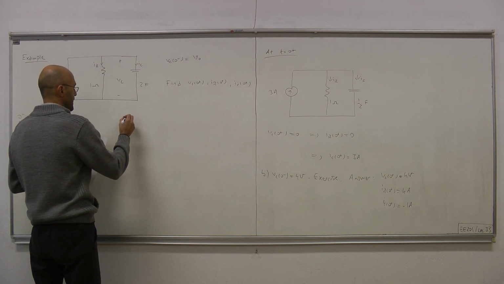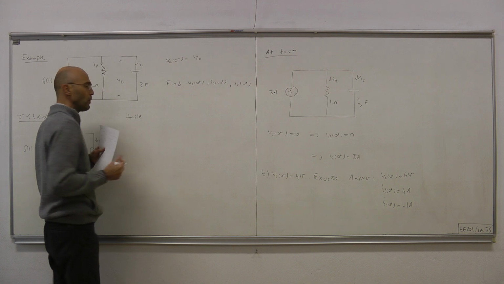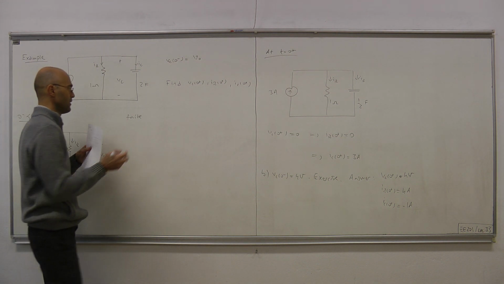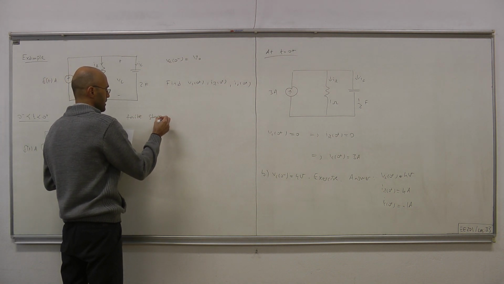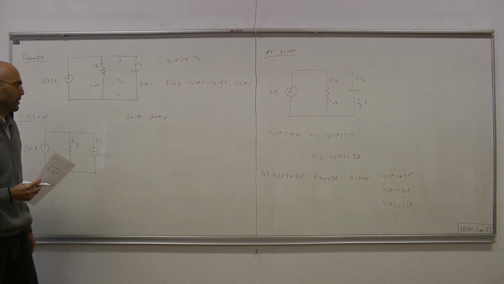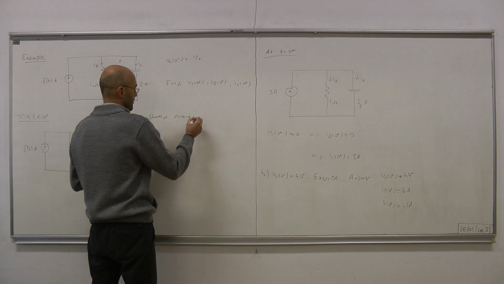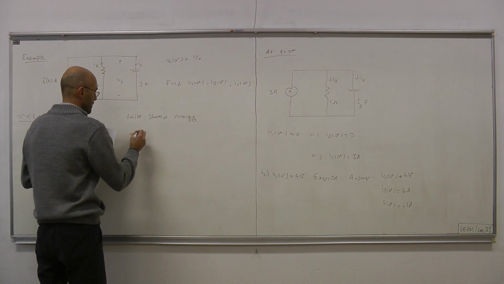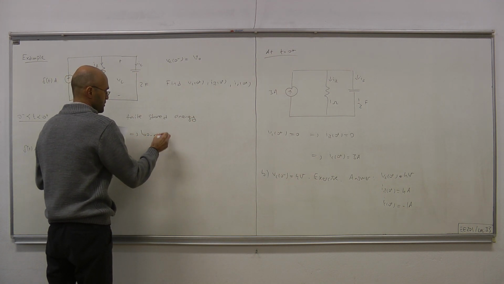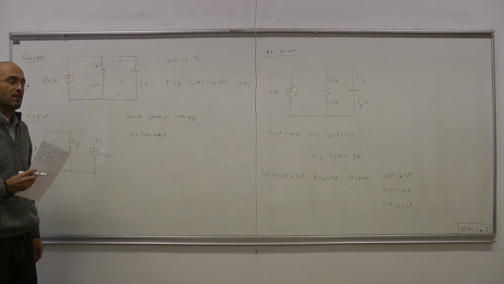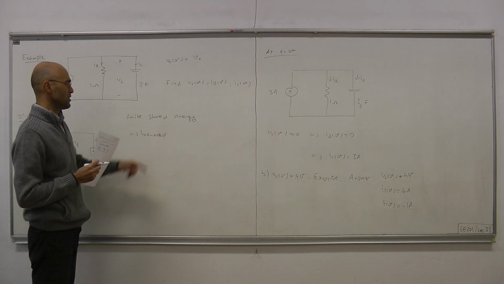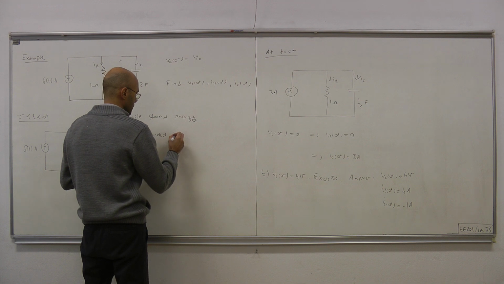Okay. Again, we recall our assumption, which says that stored energy in a capacitor or inductor is always finite. Finite stored energy. Since energy is 1/2 C Vc squared, this gives us bounded capacitor voltage.